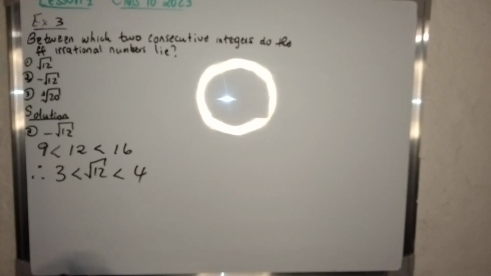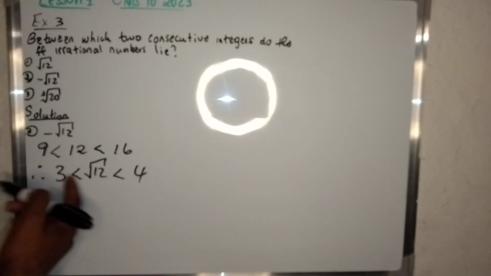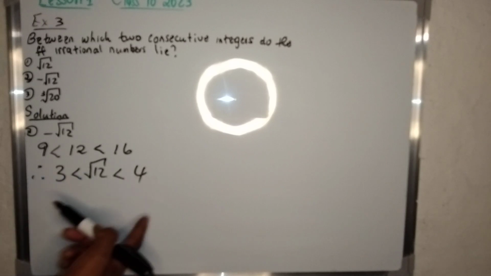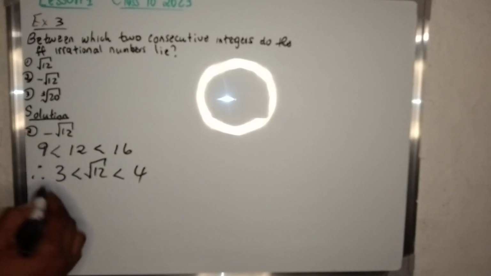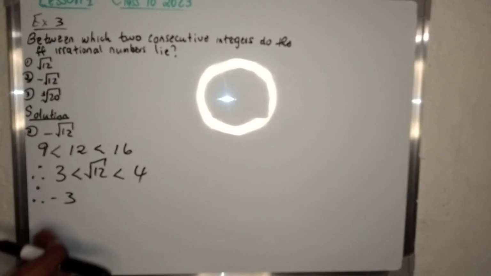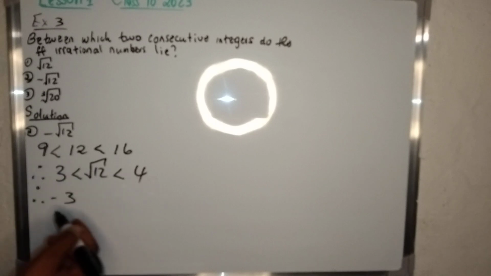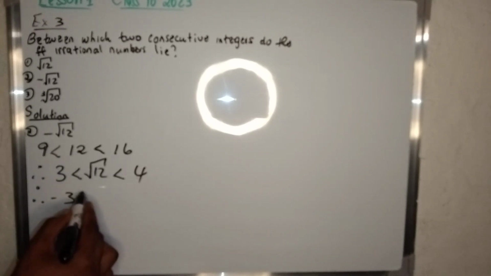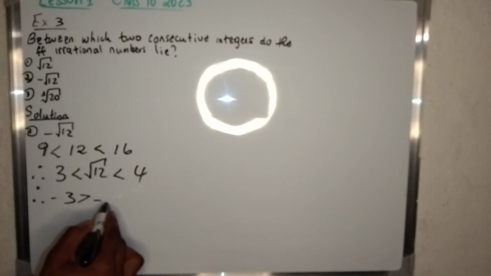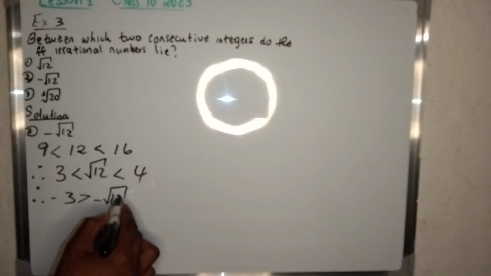Then we conclude by saying that we interchange the inequality, because here we are having the negative, so it's going to be negative 3. If we divide by negative 3 on both sides, the inequality sign changes. If it is less than, it's going to be greater than: negative 12.